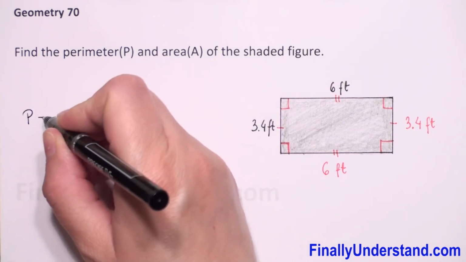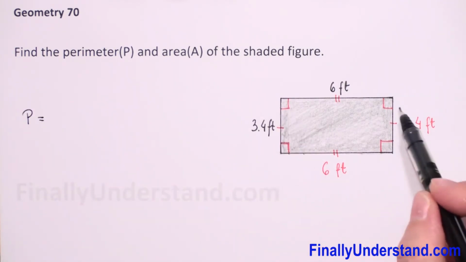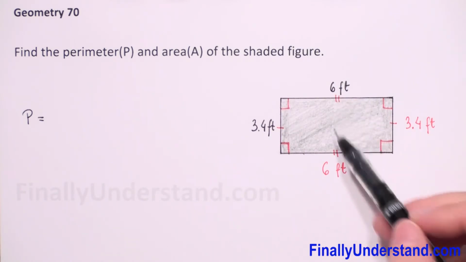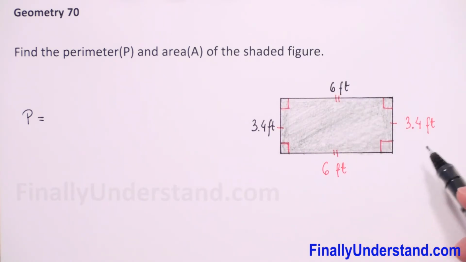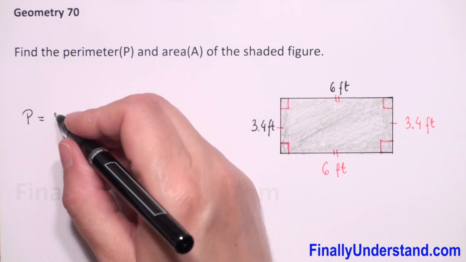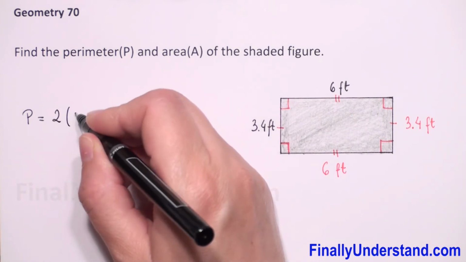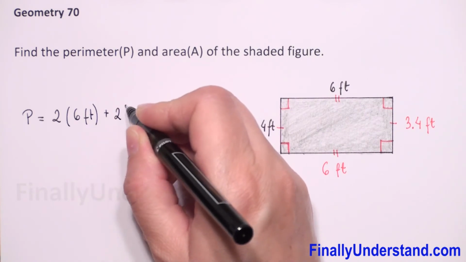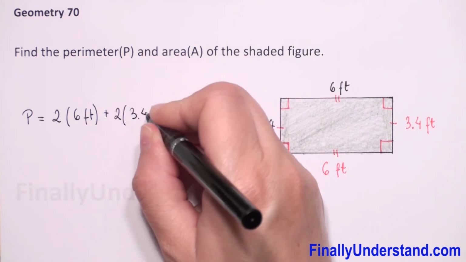So when we walk around the figure, we see that we have two sides whose length is 6 feet and two sides whose length is 3.4. So we can write 2 times 6 feet and 2 times 3.4 feet.